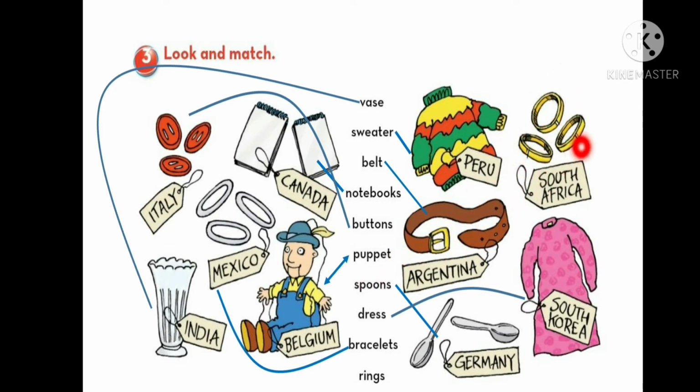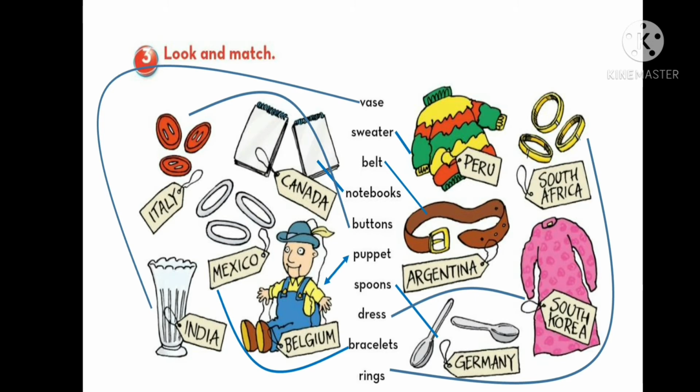So connect rings to these rings or this picture. Okay. Vase, sweater, belt, notebox, buttons, puppet, spoons, dress, bracelets and rings.